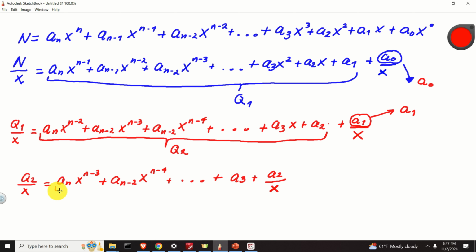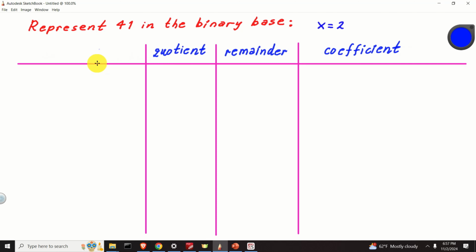Over here, this part will be a new integer quotient, which we denote by q3. And over here, the remainder is our coefficient, a2. And that's the general procedure. We repeat this operation recursively until we arrive at the last coefficient. In the sequel, let's explain this procedure by using several examples.